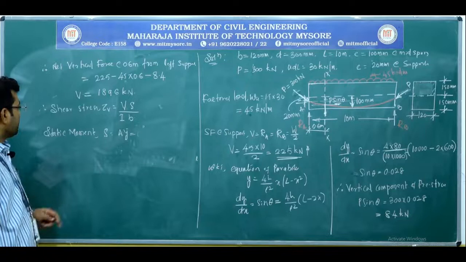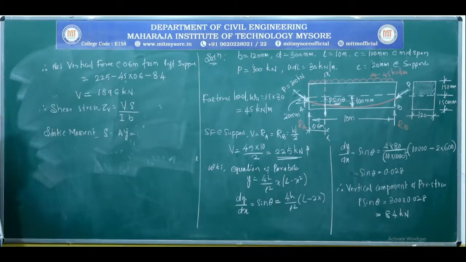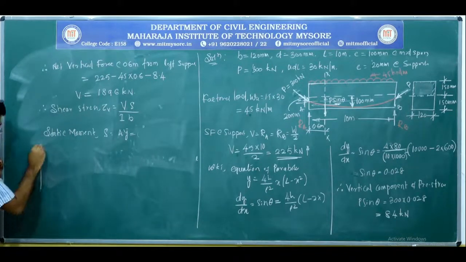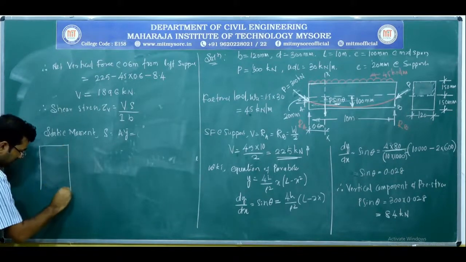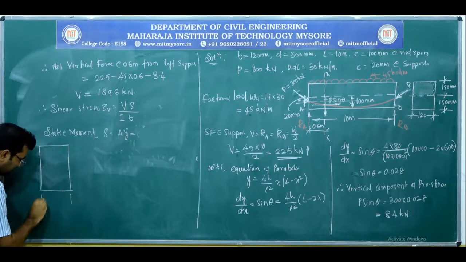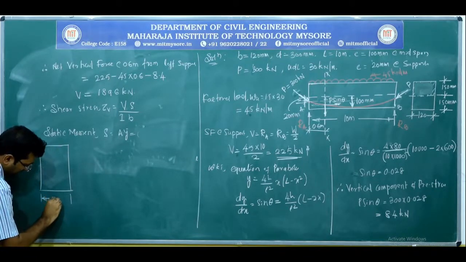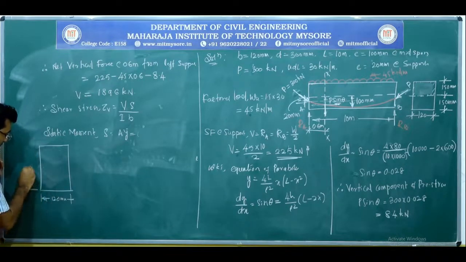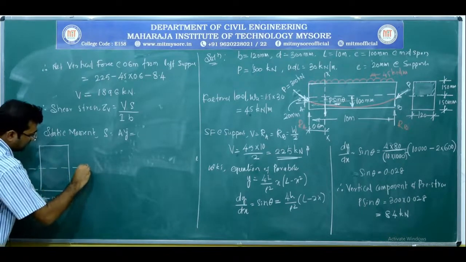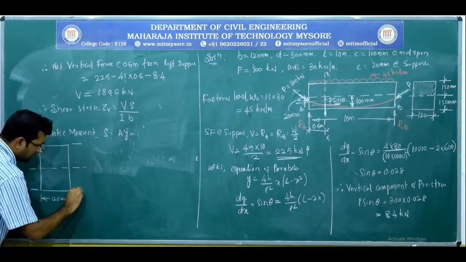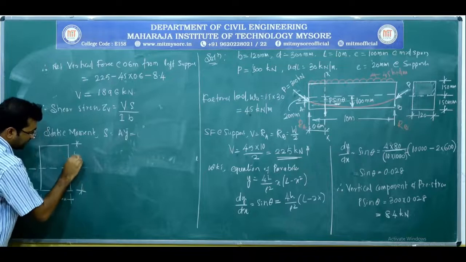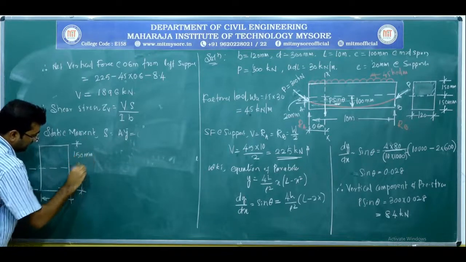Okay. So here I will draw a small diagram. So this width is 120 millimeter. Okay. The neutral axis is somewhere here at a distance of 150 millimeter.